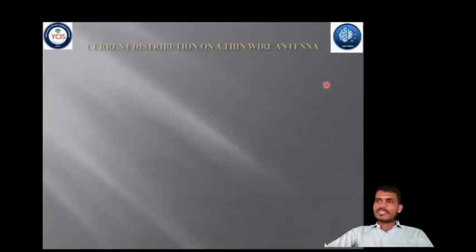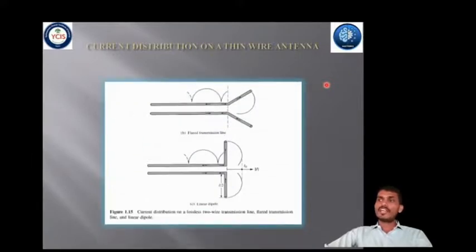As the section of the transmission line between 0 less than z less than L by 2 begins to flare, as shown in this figure, it can be assumed that the current distribution is essentially unaltered in form on each of the wires.